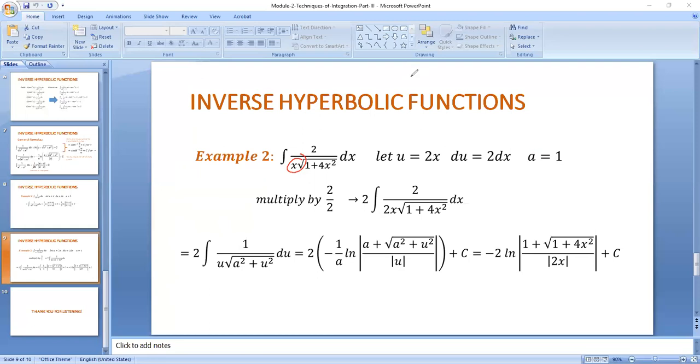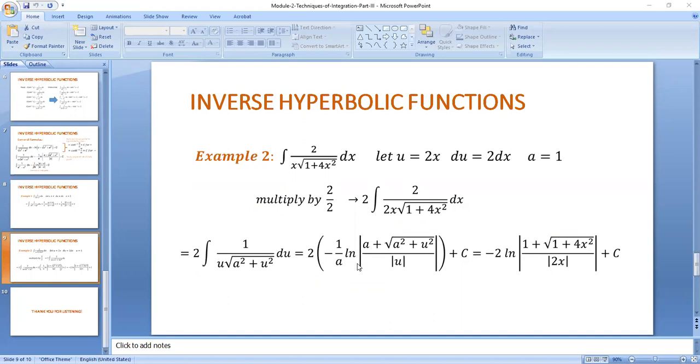It's all about, class, knowing the formula that is applicable to the form of the integral that is given. What particular formula is applicable to this form? That formula is this. And then, of course, you follow whatever is the a and the u that you need to plug in on this particular formula.